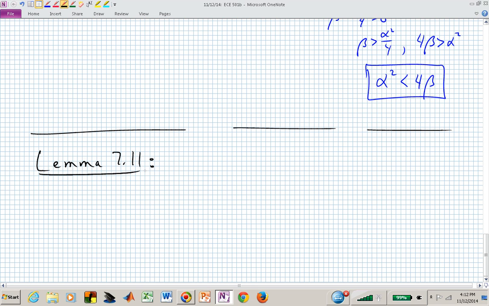Lemma 711. Suppose we have a linear operator T, and let's assume that that operator is self-adjoint.